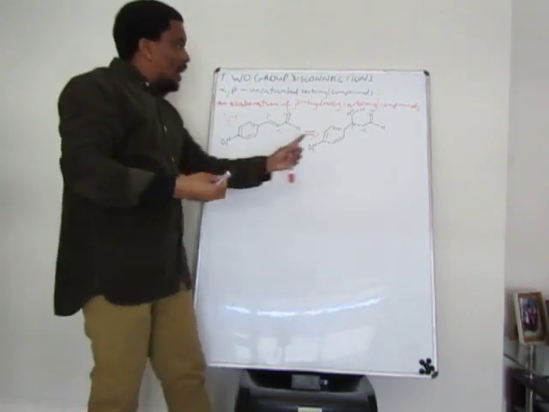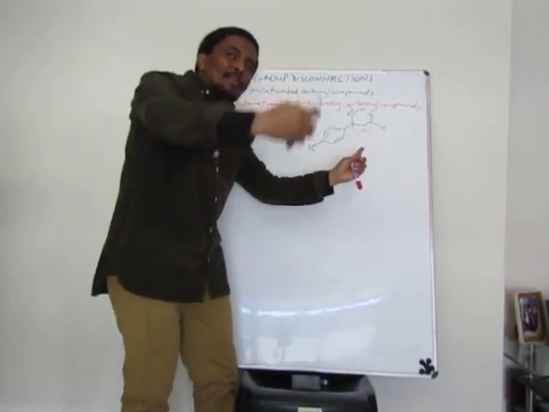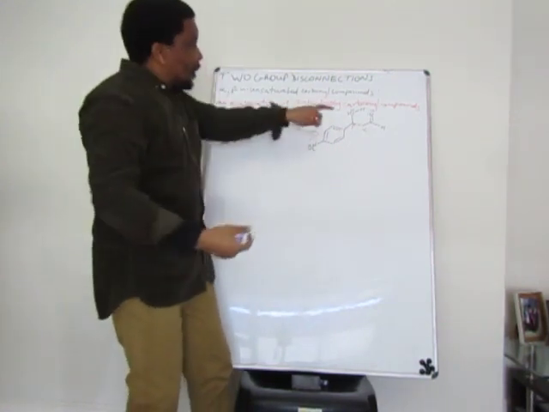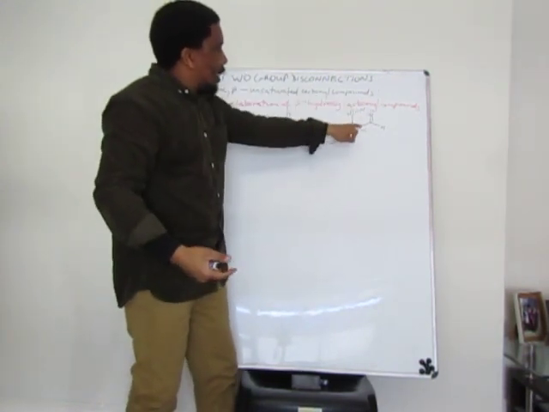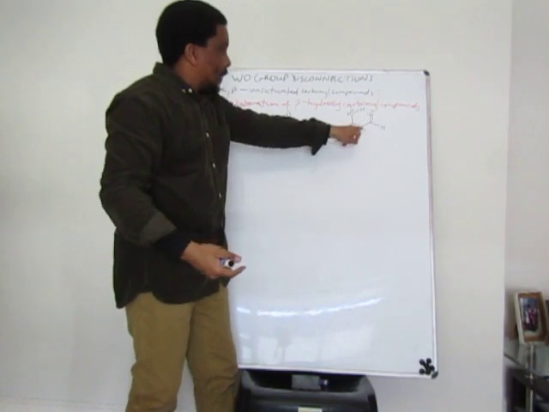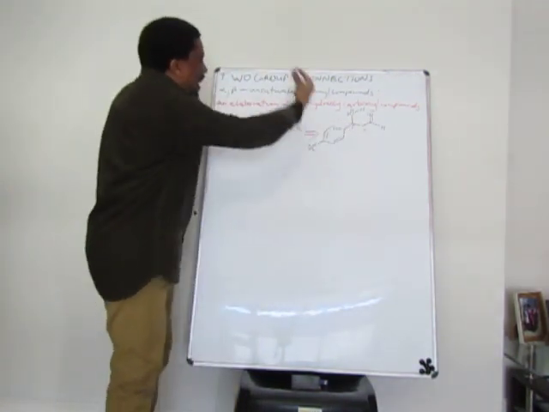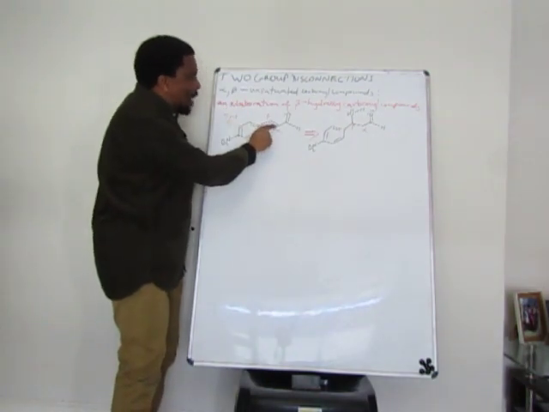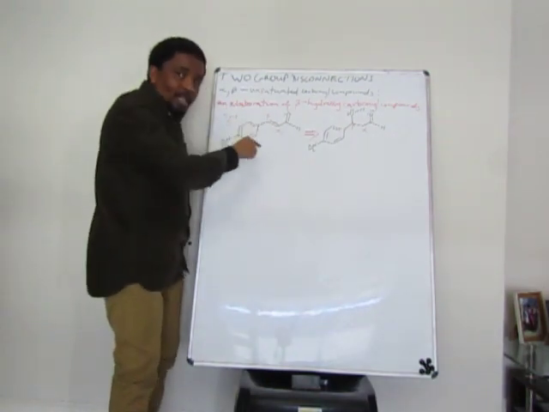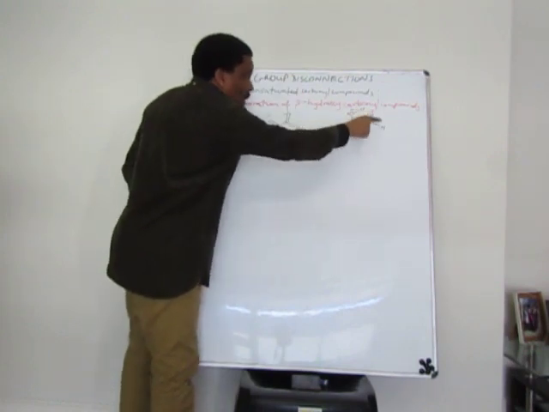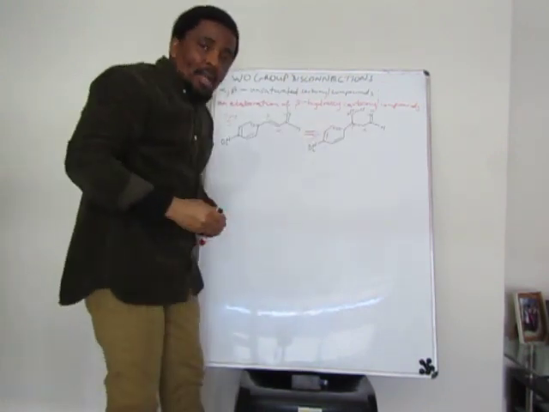So automatically it leads me to something that I already know. There's my OH and my H is here. Now I have transformed my alpha beta unsaturated system into a beta hydroxy system, which I've already seen.